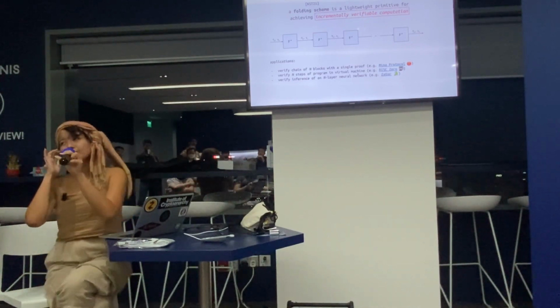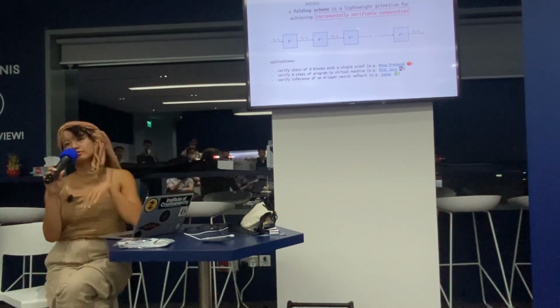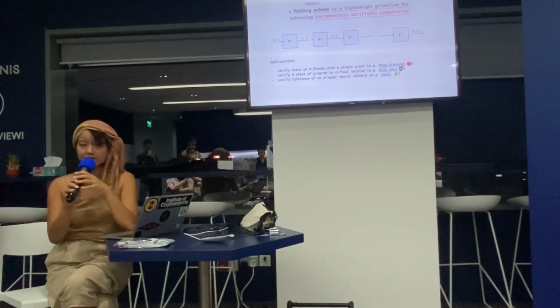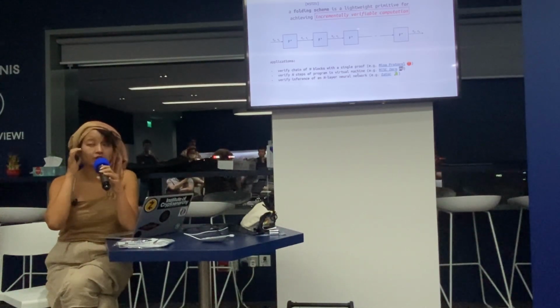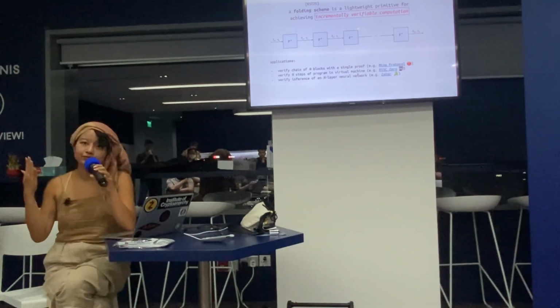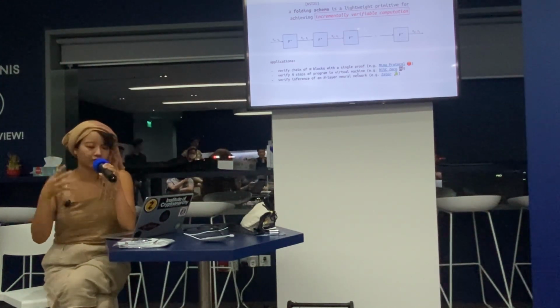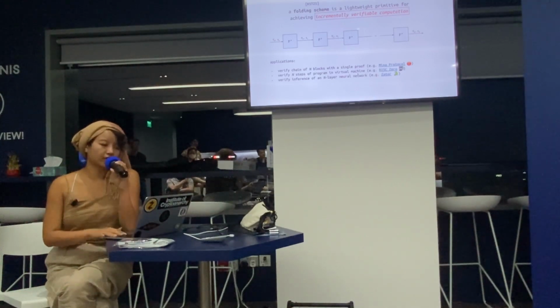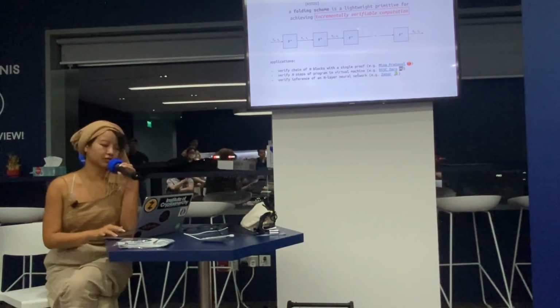To be clear, Mina protocol still requires full nodes and archive nodes like ChainStack provides. But the point is, if you're a light client and you want a higher assurance that your archive node is serving you the correct data, then IVC will help you do that.